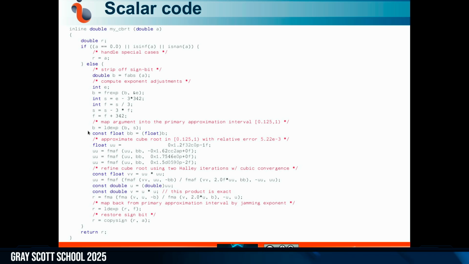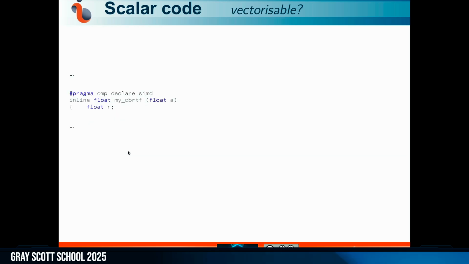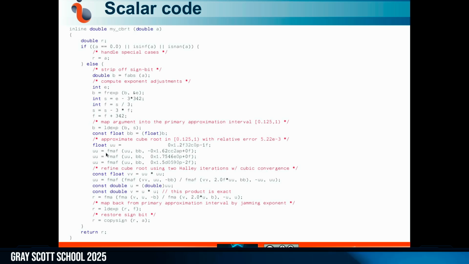And then we rescale B according to this new exponent, S. And we apply here the FMA for float, for single precision, with the values expressed exactly as they are in the binary representation.